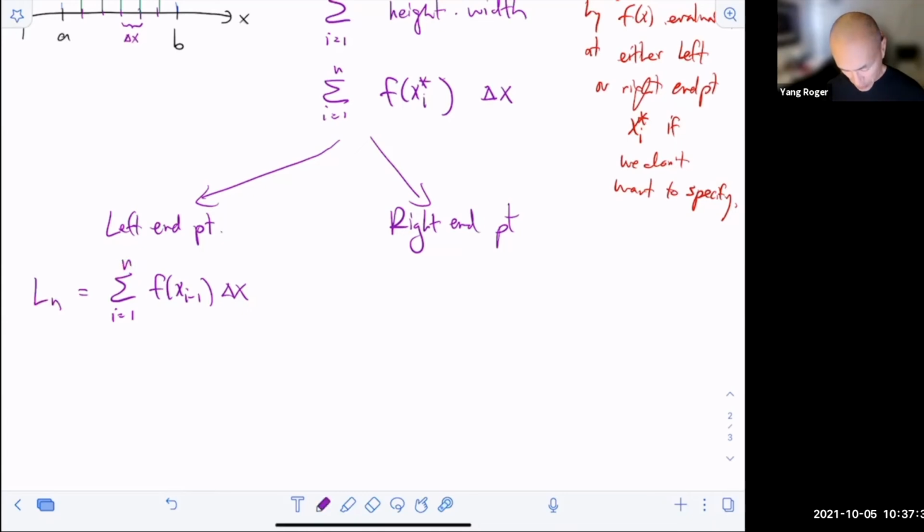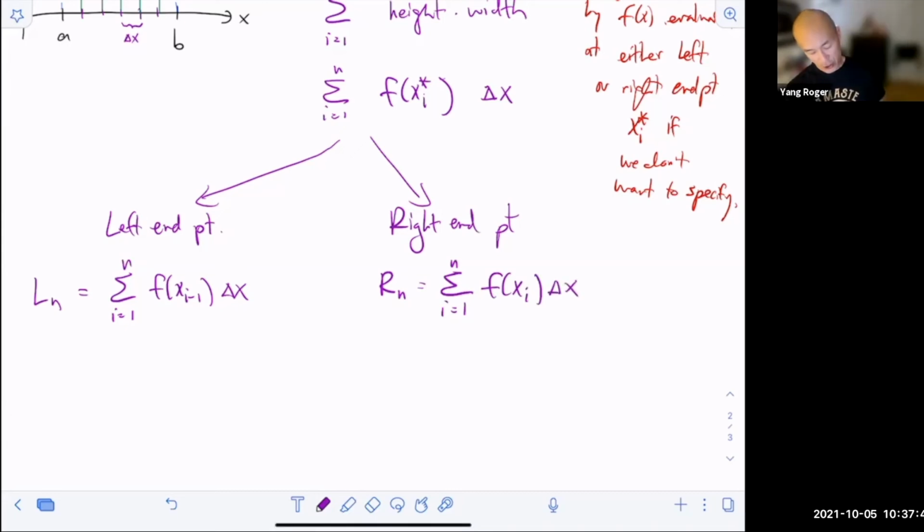For the right endpoint, that's going to be called R sub n. And that's very similar. We just add up n rectangles. Instead of plugging in x sub i minus 1, you plug in x sub i. You've got delta x there. So these are the two ways that we approximate our integral.